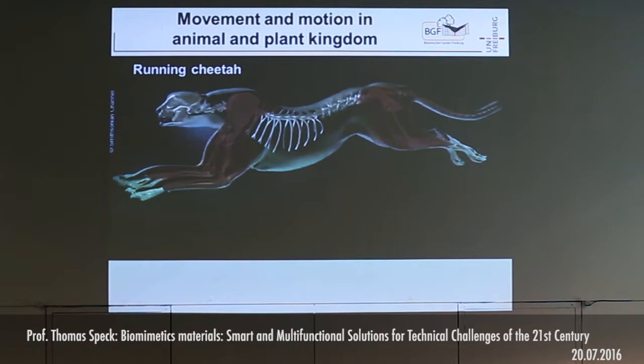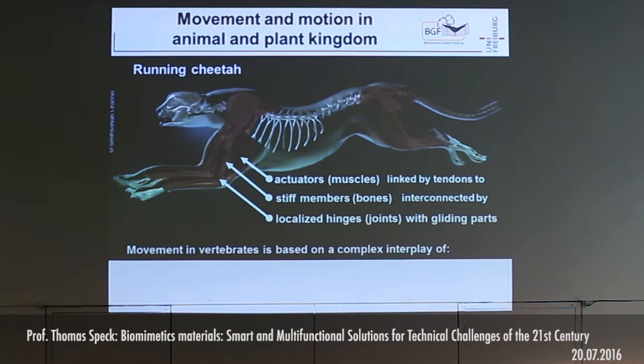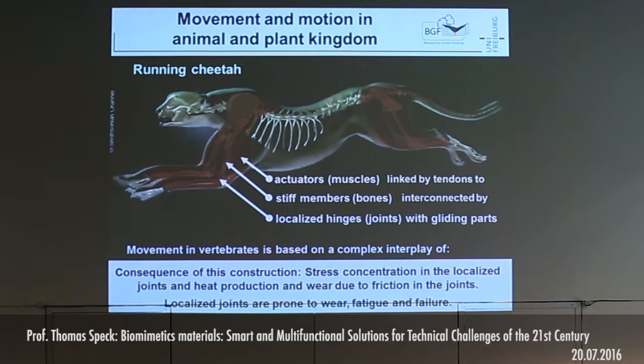If you look at the running cheetah and how the movement in vertebrates is brought about, we see that it's based on a complex interplay between actuators, muscles, which are linked by tendons to the stiff members, the bones, and these bones are interconnected by localized hinges, joints with gliding parts. This already shows the consequences of this construction.